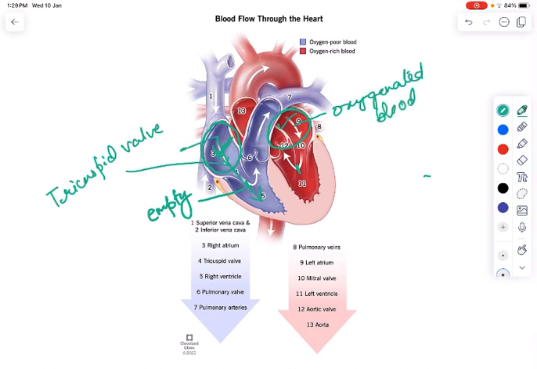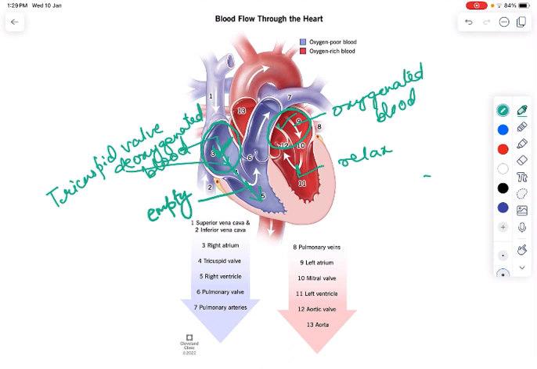And at this time both the ventricles will relax, meaning they are empty right now, because of that they are relaxed.